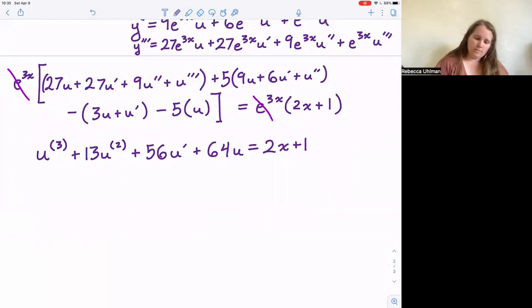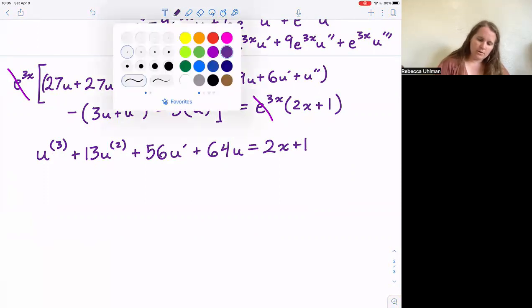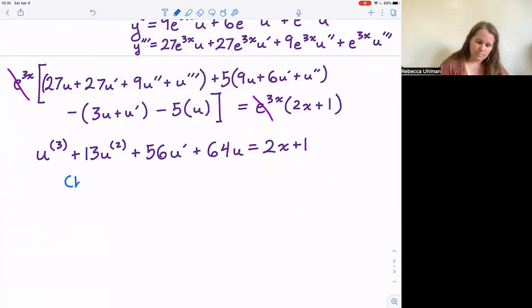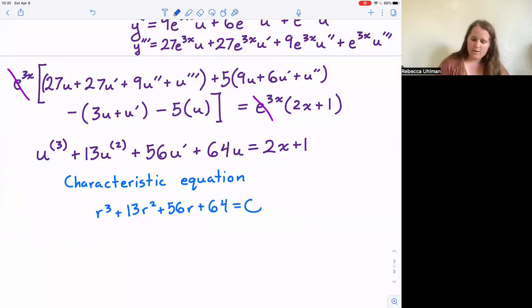At this point, if we do our characteristic equation check, we have the characteristic equation r cubed plus 13r squared plus 56r plus 64 equals 0.